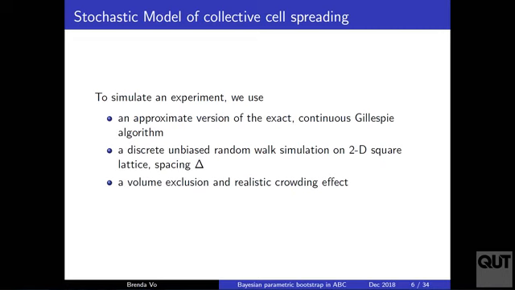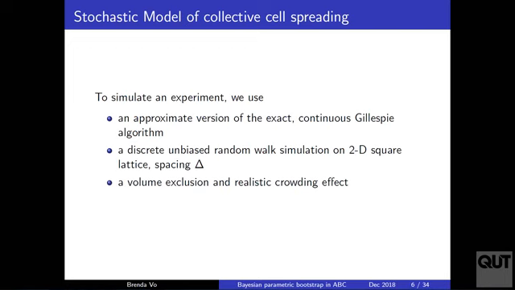I remember for the first work, we compared the results when we used the continuous-time Gillespie algorithm and the approximation that we use here, and the result is the same. But basically the continuous-time Gillespie is much more computationally expensive.